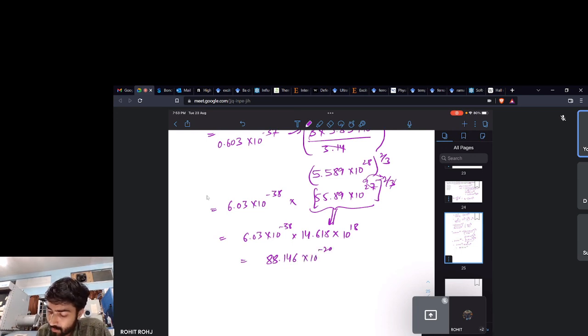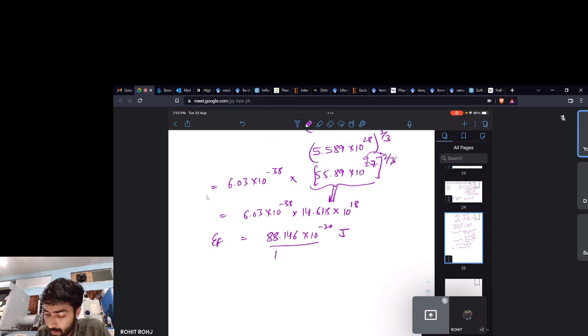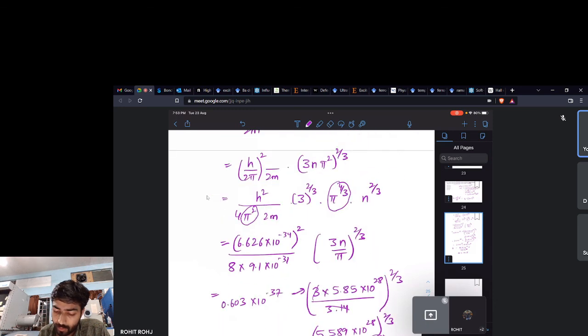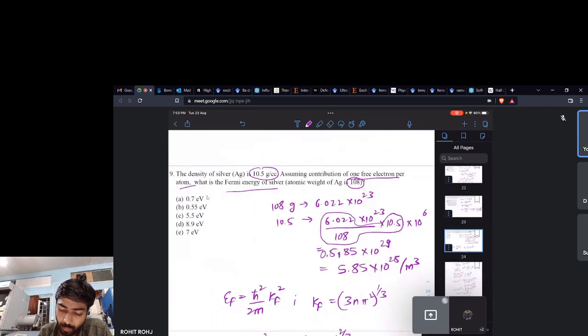So this value is in joules. We have the Fermi energy which we were calculating. Now to turn into electron volts, I can divide it by 10 to the power minus 19, and if I solve it out, I get approximately 5.44 eV. So our option, a very close call, would be 5.5 eV.